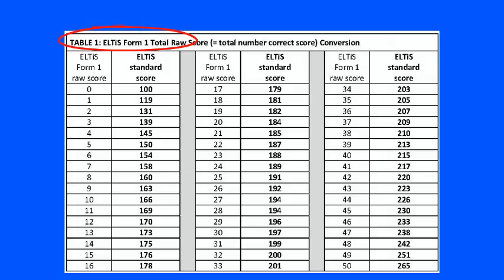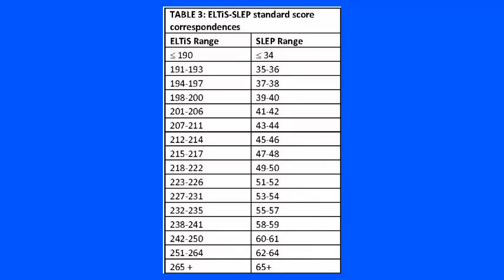Using the table, we find the ELTIS raw score of 40. Next to that, on the same row, is the student's ELTIS standard score, which is 215. Then, using Table 3, we find the SLEP equivalent of ELTIS 215. It is SLEP scaled score 47.